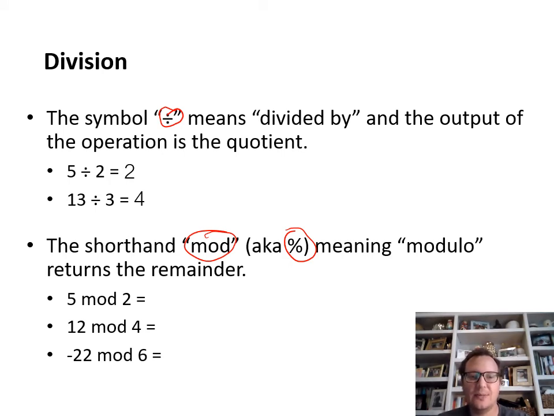So, for example, 5 modulo 2 is 1, 12 modulo 4 is 0. Things get a little bit trickier with negative numbers, so you have to be careful. Minus 22 modulo 6 is 2, because 6 times minus 4 is minus 24, plus 2 is minus 22. So you have to be careful with negative numbers.